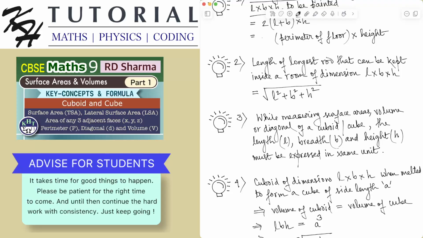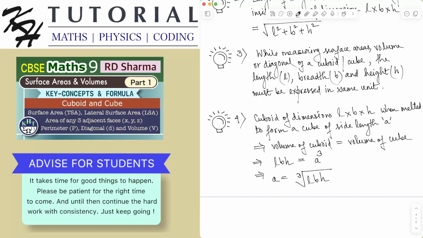The next point is that suppose a cuboid of dimensions L, B, H is melted or reformed to form a cube of side length A. Then what will be A, the side length of the cube? The idea is that the volume of the cuboid and the cube will be the same.